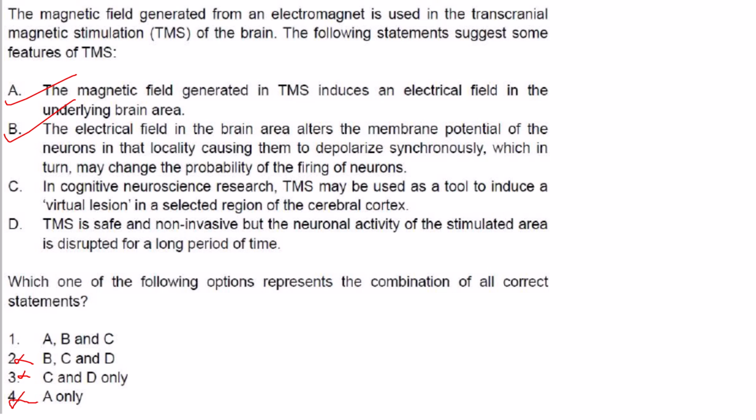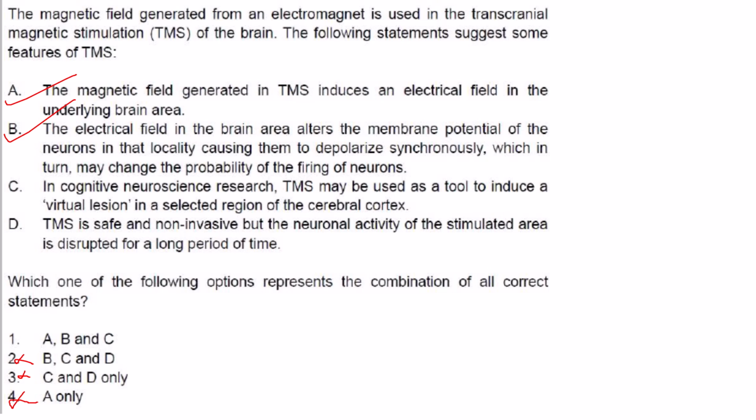So using TMS, you can create a virtual lesion, you can temporarily disrupt the function of the neurons in that particular region, and you can see whether the disruption has resulted in a decrease in the epilepsy of the patient. If it has decreased, okay, fine, this region of the cerebral cortex is responsible for the epileptic behavior of the patient.